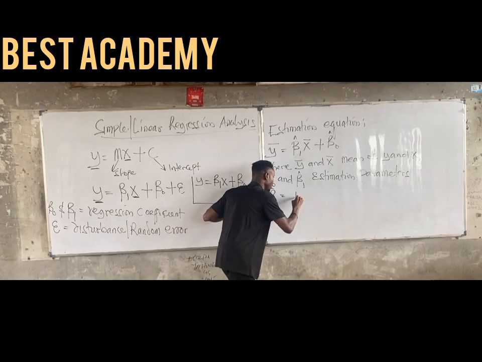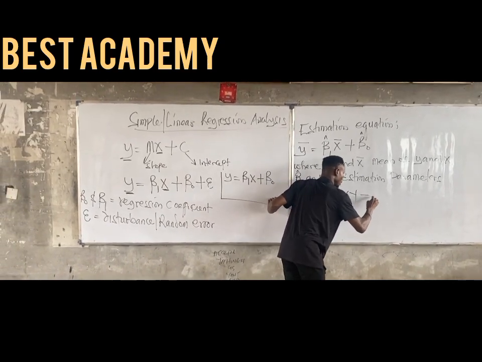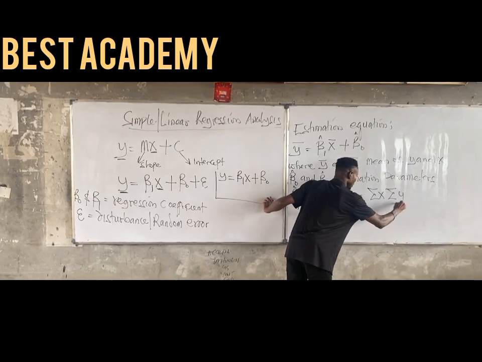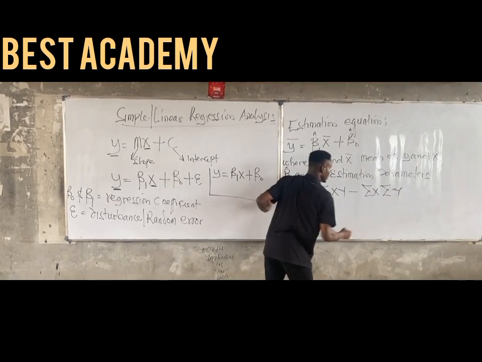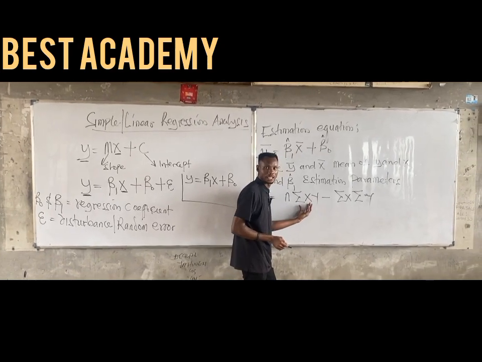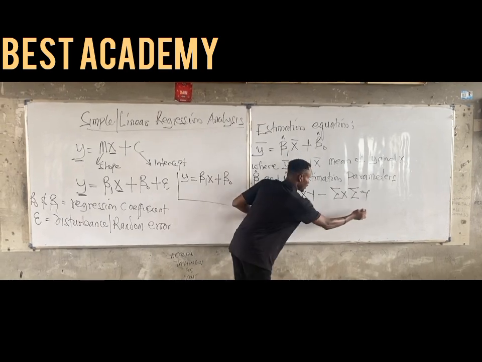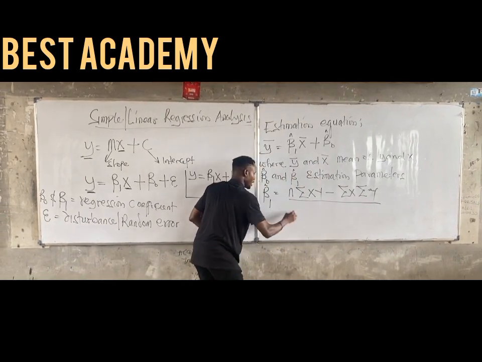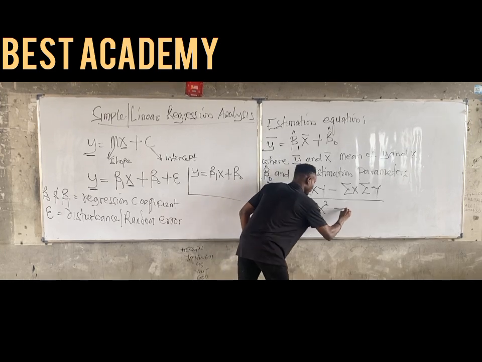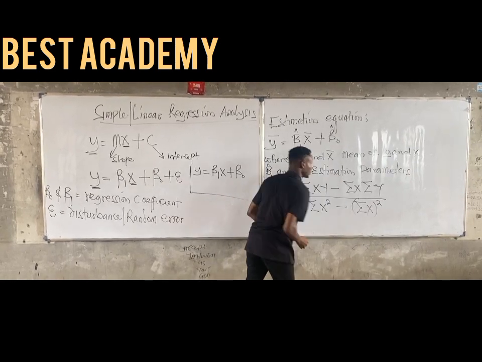The formula is n times the sum of xy minus the sum of x times the sum of y, over n times the sum of x squared minus the sum of x, squared.